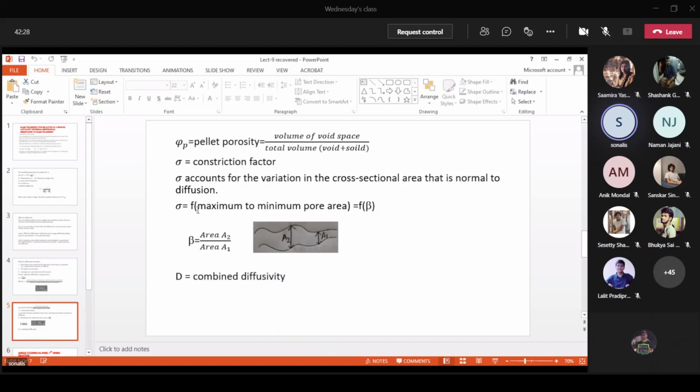What is beta? Beta is the area A2 by area A1. So the larger area by this smaller area gives beta, and sigma is a function of beta. And on sigma, obviously the effective diffusivity is dependent, and D is the combined diffusivity.